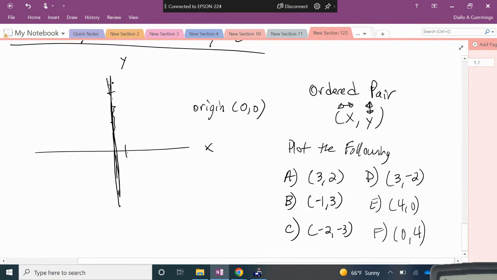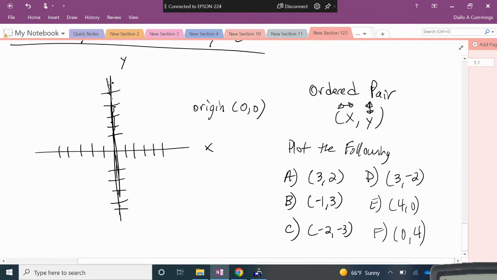All right, so I'm just going to go out to 5: 1, 2, 3, 4, 5. All right, and we're just going to plot the points. So we're going to plot point A, which is 3, 2.